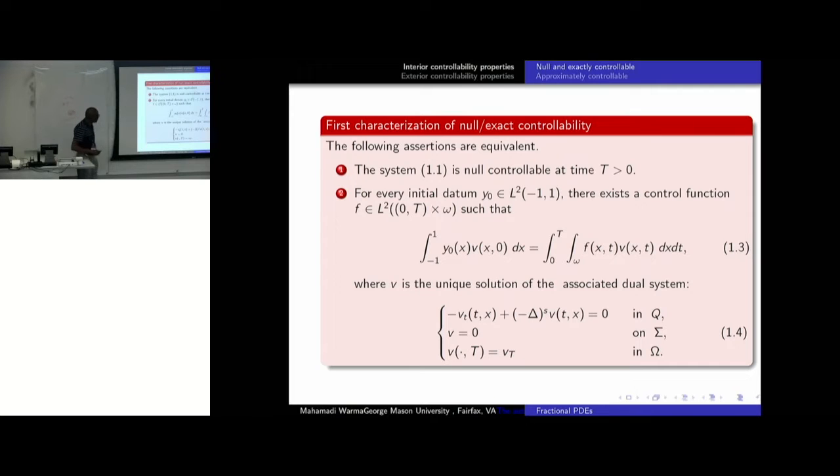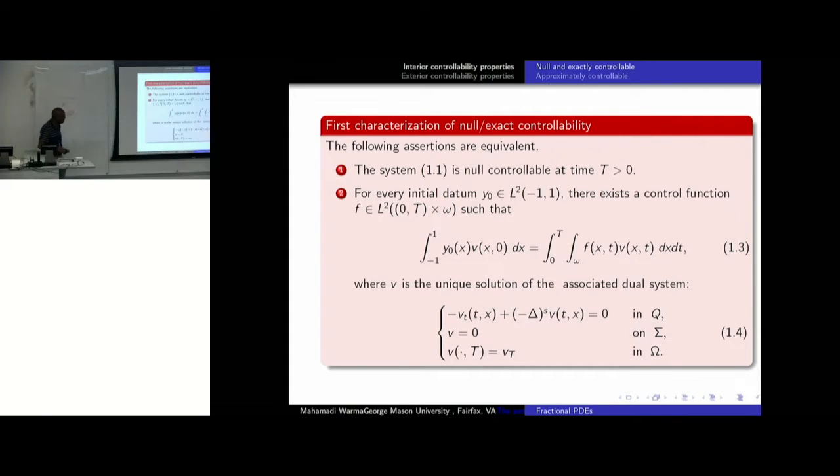Now, how do we prove a characterization of null controllability? Here null and exact controllability are the same. One can prove that the system is null controllable in time t if and only if, given any initial datum y0 in omega, everything in omega, not omega minus small omega, you have a control function f such that the integral over omega of y0 v0 is equal to the integral of the control function against v.